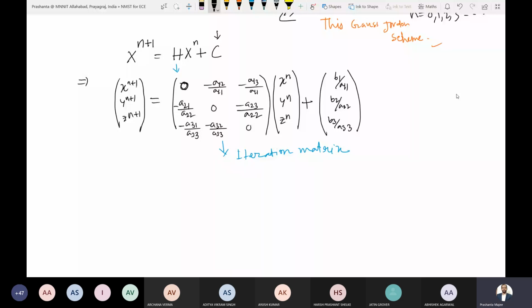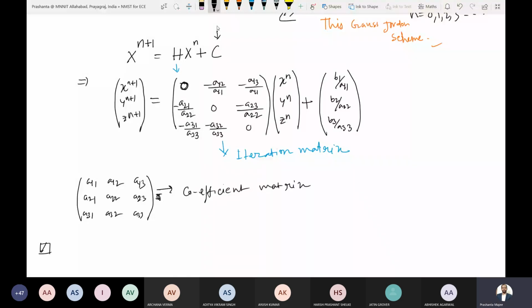A11, A12, A13, A21, A22, A23, A31, A32, A33. That will be the coefficient matrix. You know it. So here I am going to state the necessary and sufficient condition for the convergence of the Gauss-Jordan method.